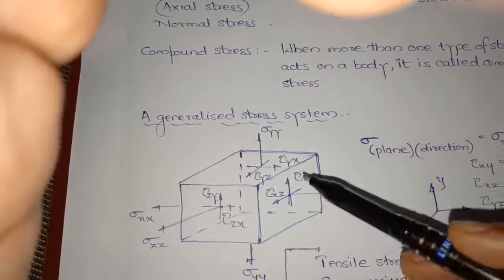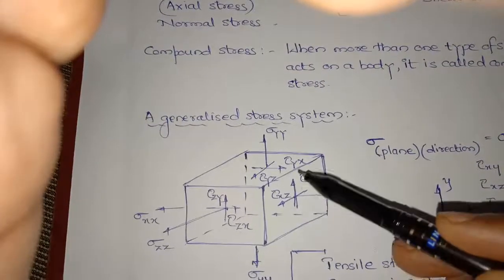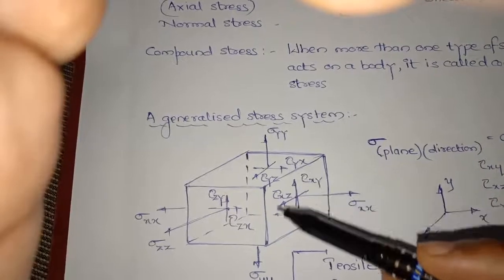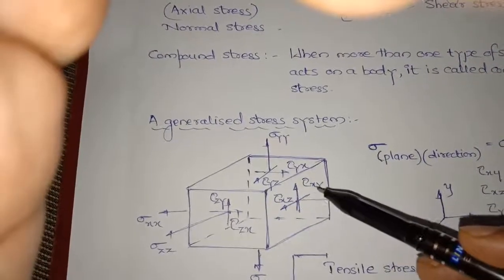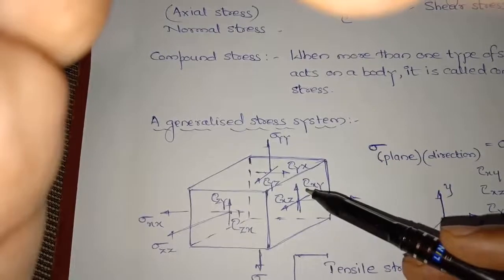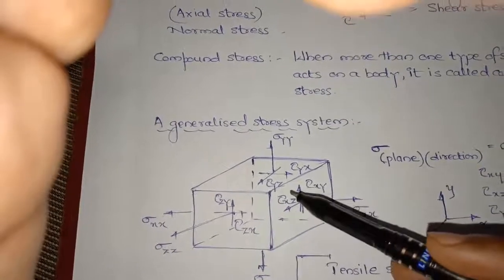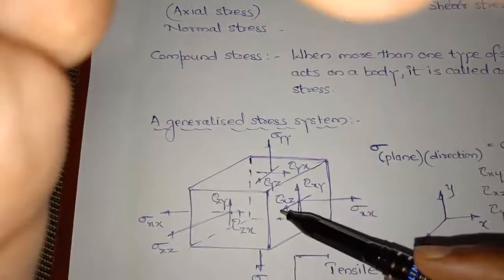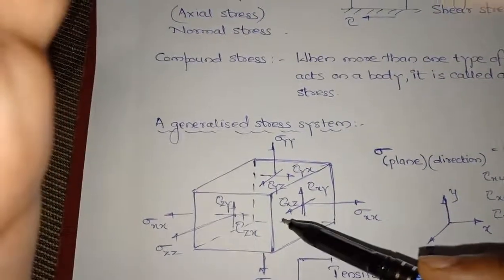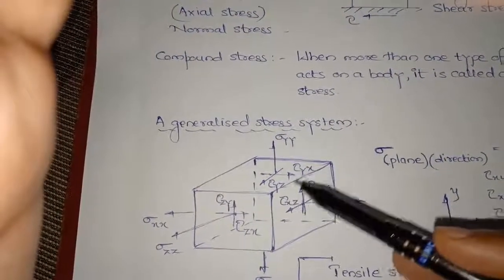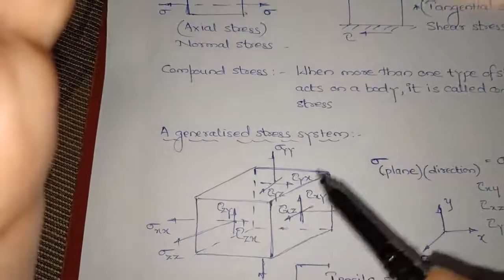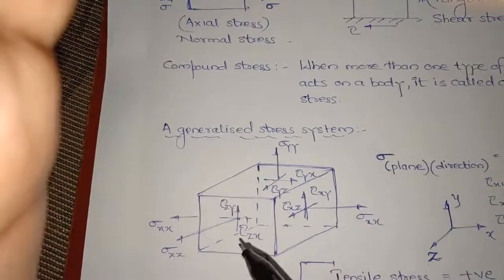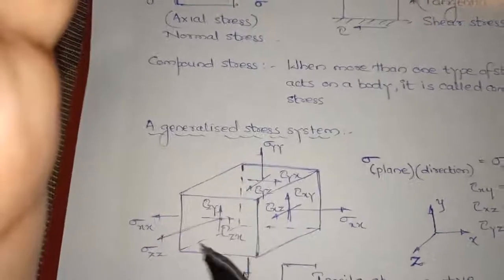Now here we have tangential stress acting on the x plane and in direction y. We will write it as tau xy. Tau xz is the shear stress acting on the x plane and in direction z. Similarly, we can write the tangential stresses on the y plane and on the z plane.